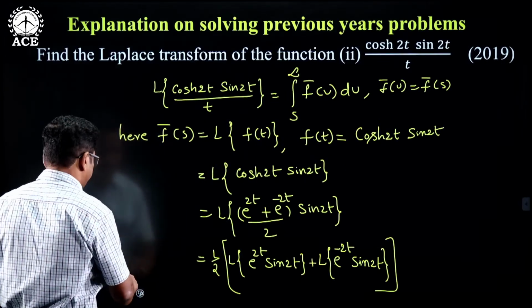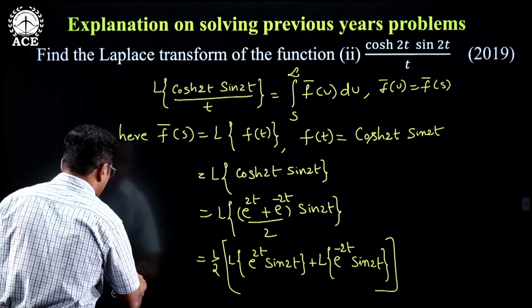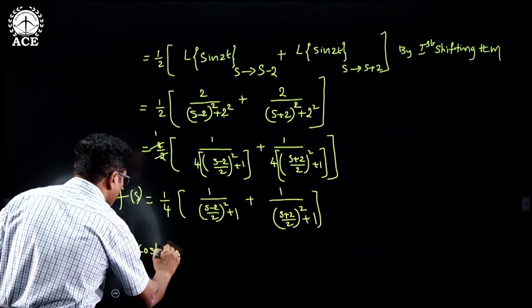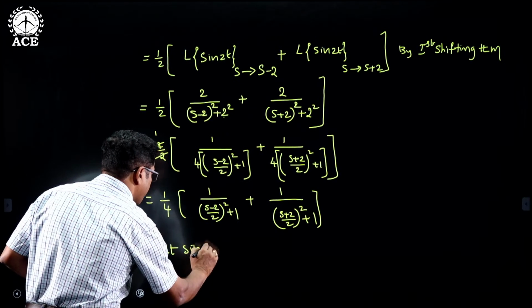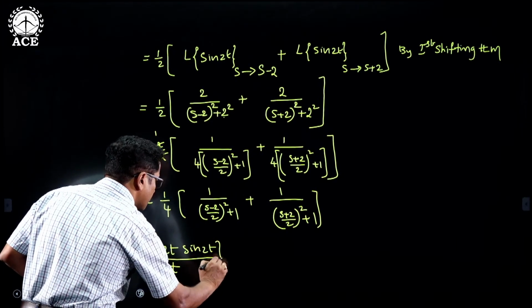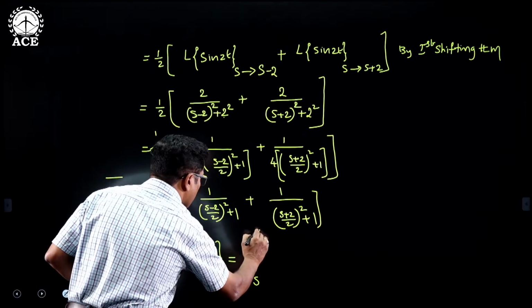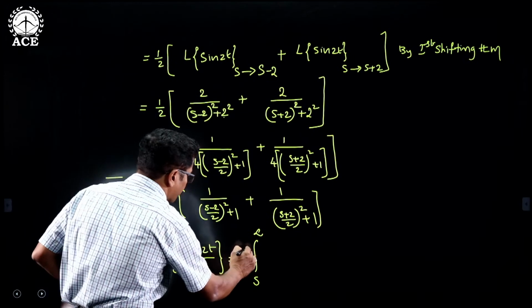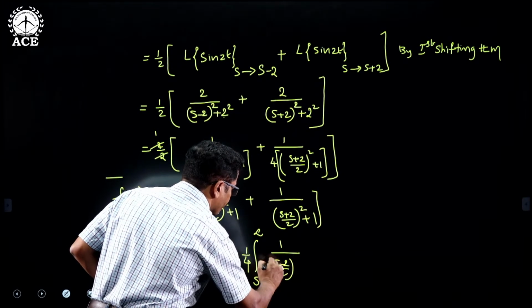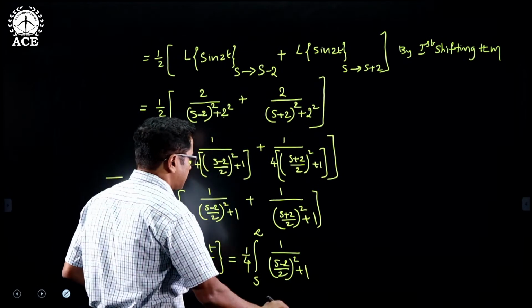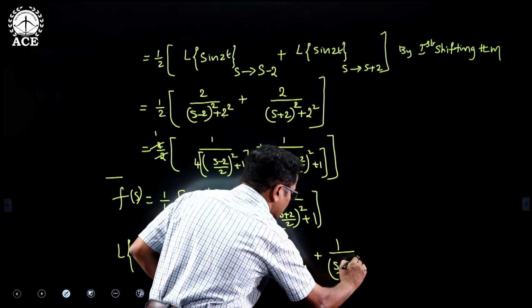Then L of cosh 2t into sin 2t by t is equal to the integration from s to infinity of f bar of s, which is this: one fourth, which I am writing outside, into 1 by ((s minus 2) by 2) whole square plus 1, plus 1 by ((s plus 2) by 2) whole square plus 1.